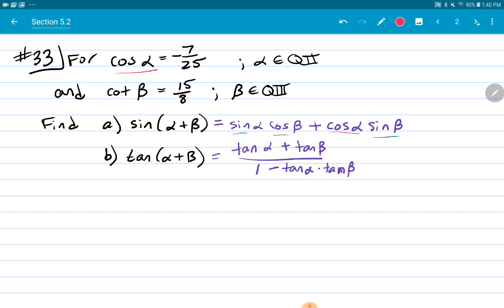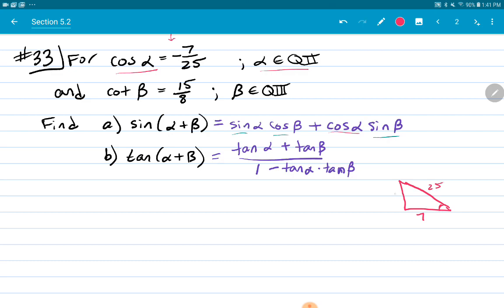So for alpha, it ends in quadrant 2, so the triangle will be oriented this way. My y is positive, my x is negative, so I'm going to have a negative cosine, which I do because they've already given me cosine, and a positive sine. And cosine of alpha, here's my little reference angle, is adjacent over hypotenuse.